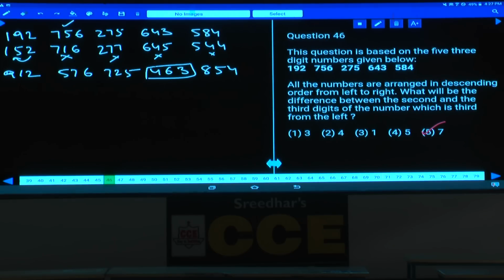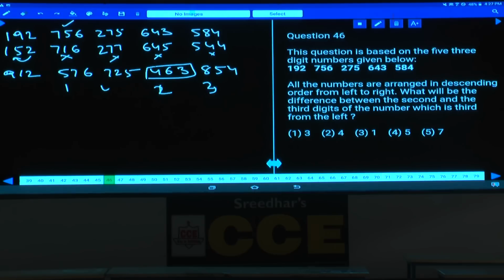Then 46, if all the numbers are arranged in the descending order from left hand side to right hand side, what will be the first number here? 756 is the first number, 643 is the second number, and 584 is the third number.